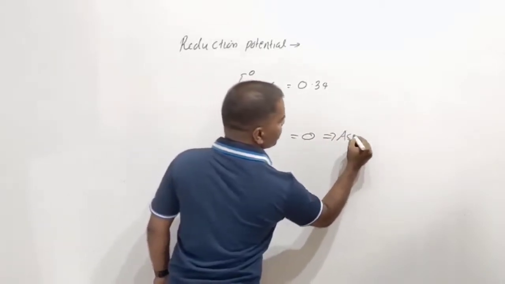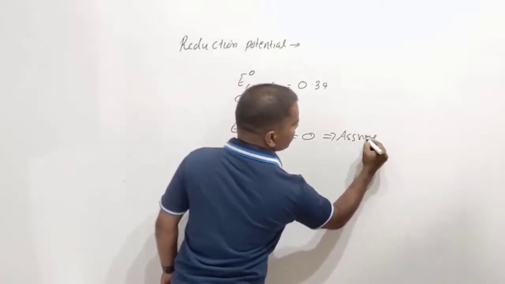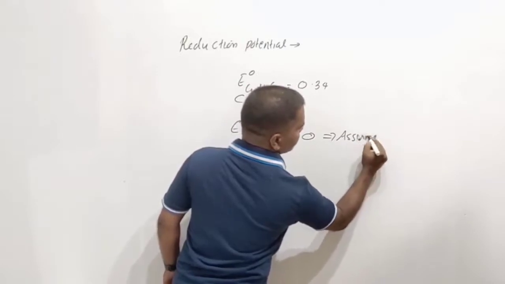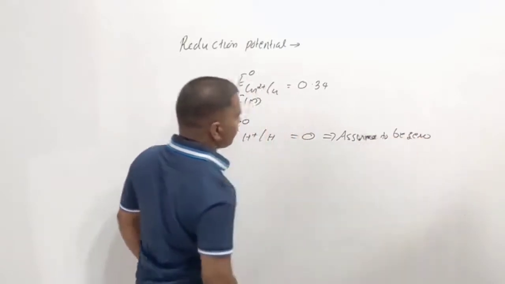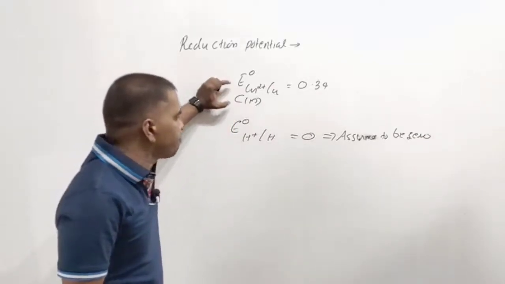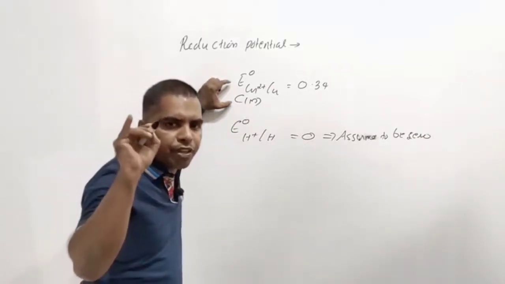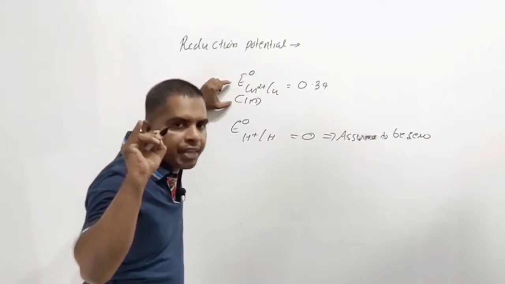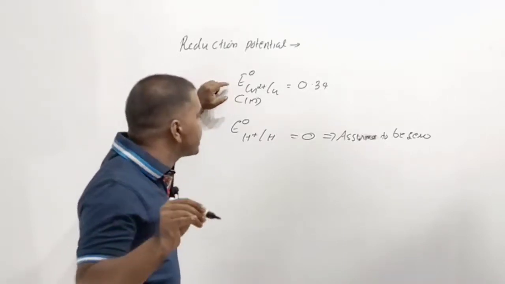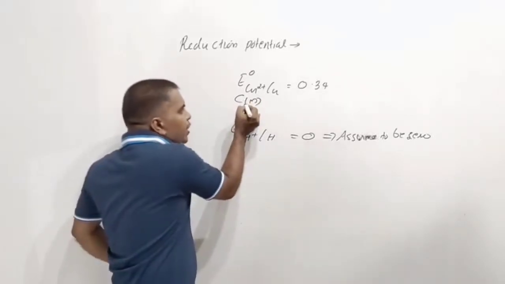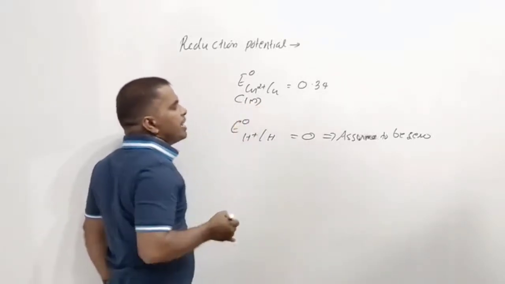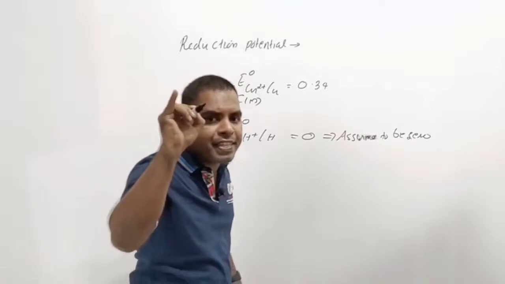It's an assumption. Listen, standard reduction potential means the reduction potential of an electrode measured by coupling with the standard hydrogen electrode. Remember, the coupling half cell concentration should be 1 molar.